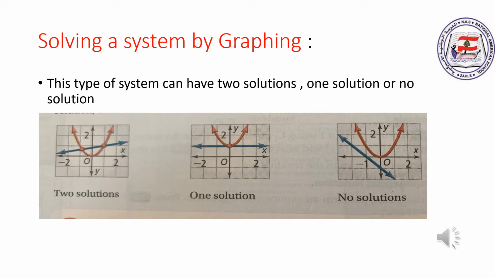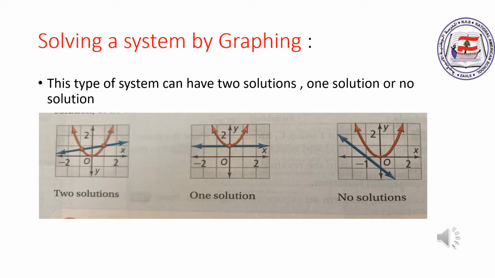After graphing, we can determine the number of solutions, or we can solve it by calculation, and the number of values of x represents the number of solutions. The system of quadratic and linear equations can have two solutions, one solution, or no solution.